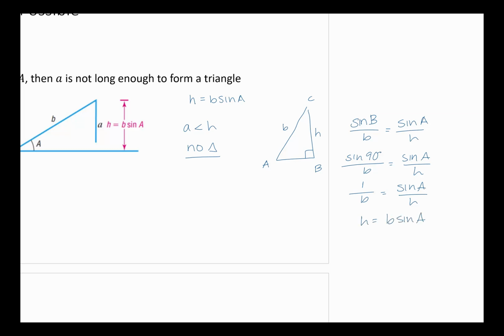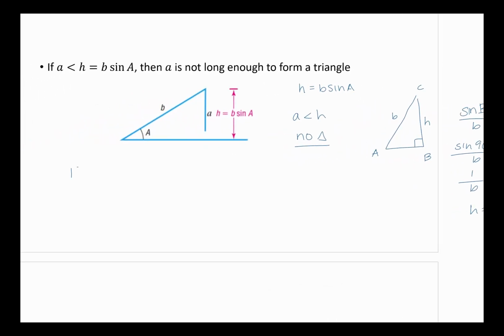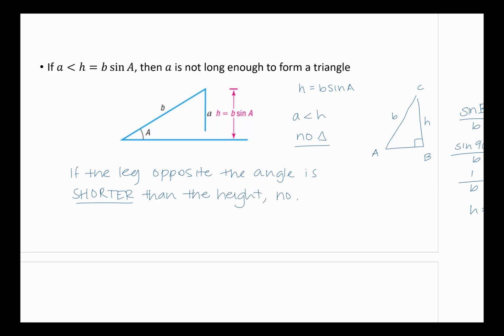One thing to note here, too, is that if the leg opposite the angle is shorter than the height, no triangle is possible.